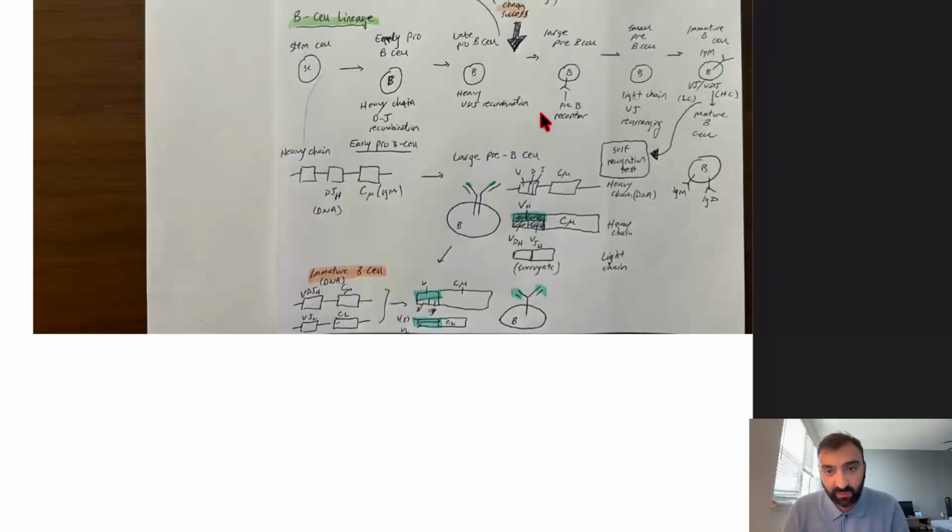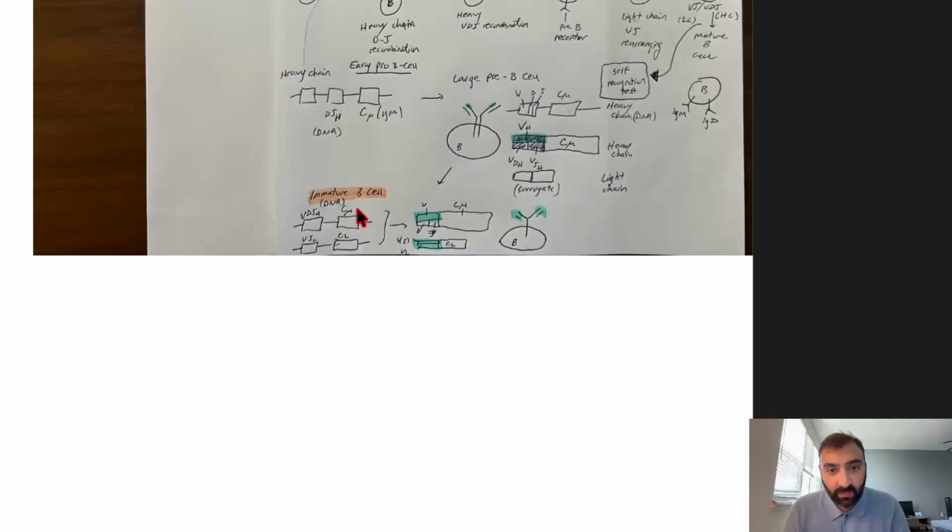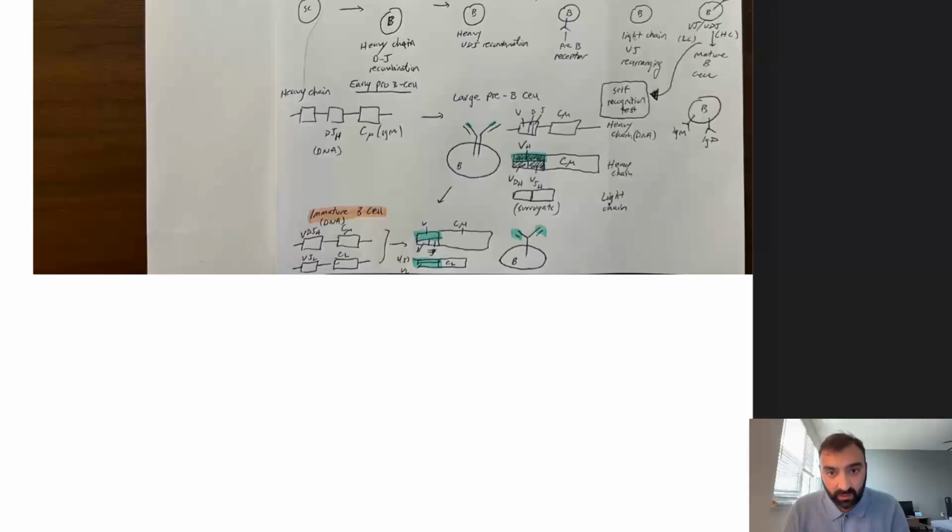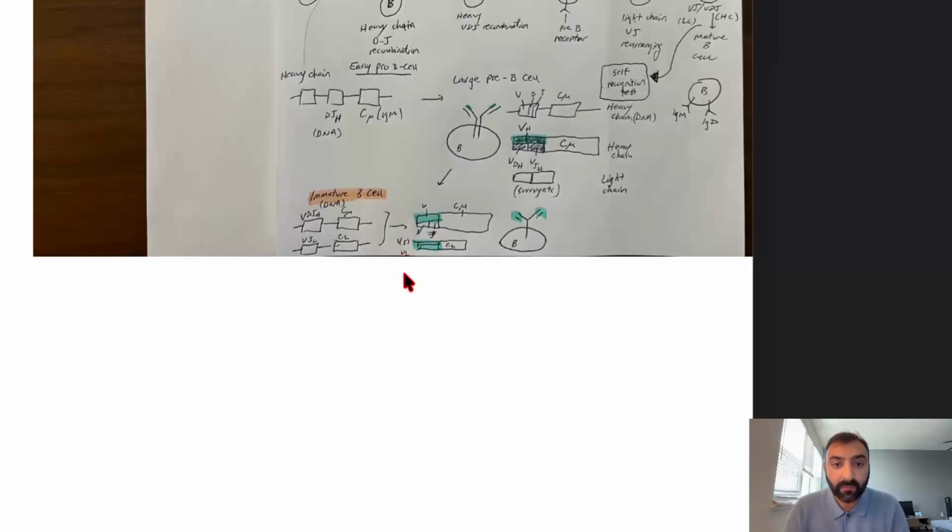So this is all referring to this generation right here, which we referred to earlier. You'll see that the variable regions are where all the magic happens for what it'll recognize. And the immature B cell, which is this guy, again, this is your variable regions. So you have your constant light chain region, constant heavy chain region, and these are your variable parts of your heavy chain and your light chain respectively.